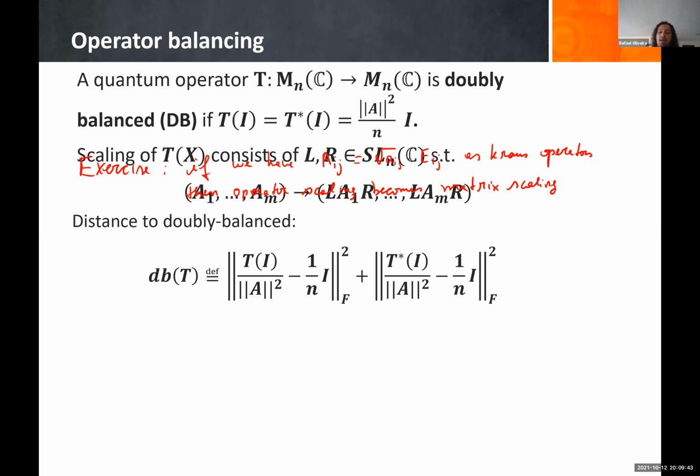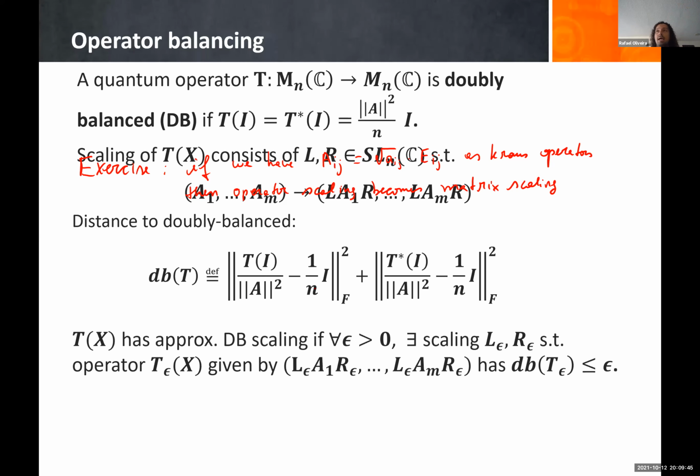And again, as an analogy, we know that Tx has an approximately doubly balanced scaling if for every epsilon bigger than 0, there is a scaling, L epsilon and R epsilon, such that this operator, which is exactly the image of the group action, has distance to doubly balanced less than or equal to epsilon.